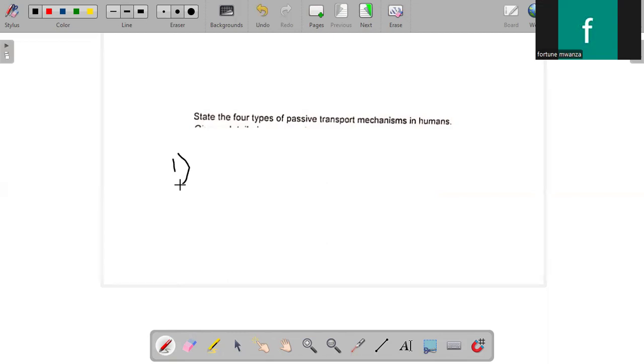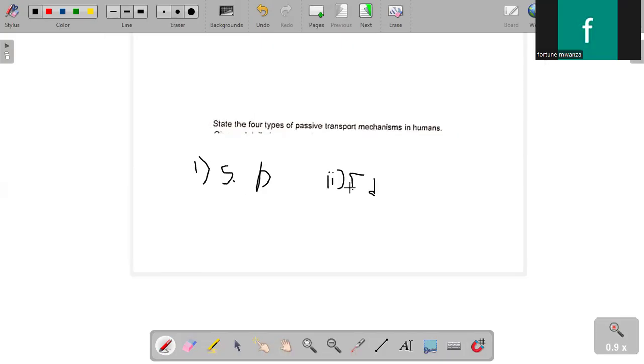Number one, you have what we call simple diffusion. Number two, we have what we call facilitated diffusion. The third one we have is osmosis. Then the fourth one is what we call filtration.